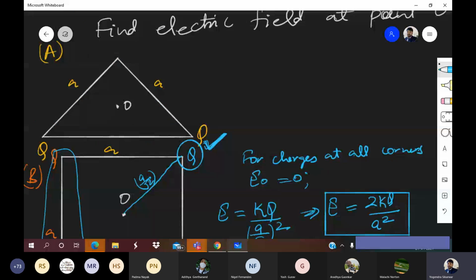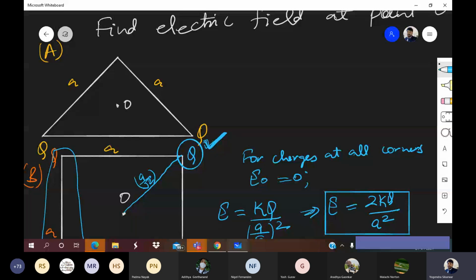So if we talk about A, in a similar way, if I find another charge to keep at the empty corner, now electric field at O will become 0. That means this single charge which we have kept just now is creating electric field equal to the net effect of these two charges.